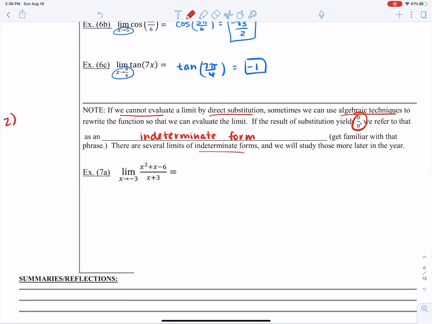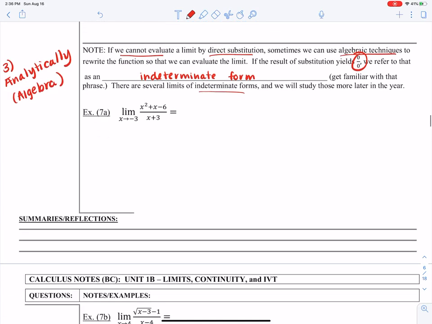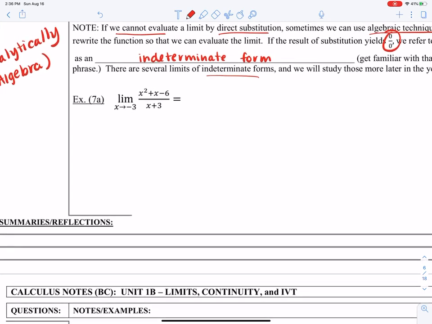So number 1, we've already talked about using a tabular method. We're on to our second method, actually our third method, because we did tabular and graphical. The third method is our analytical method, and that basically means we're going to use algebra. Now, pay careful attention to the notation I'm about to use.